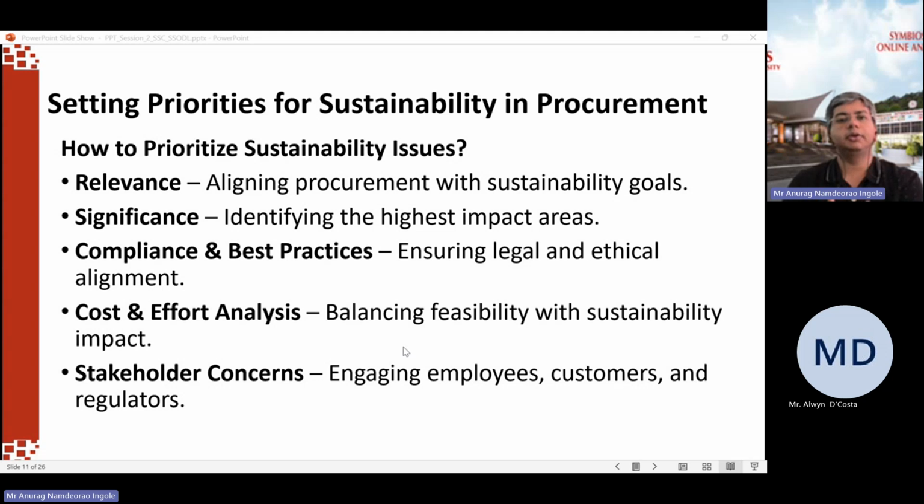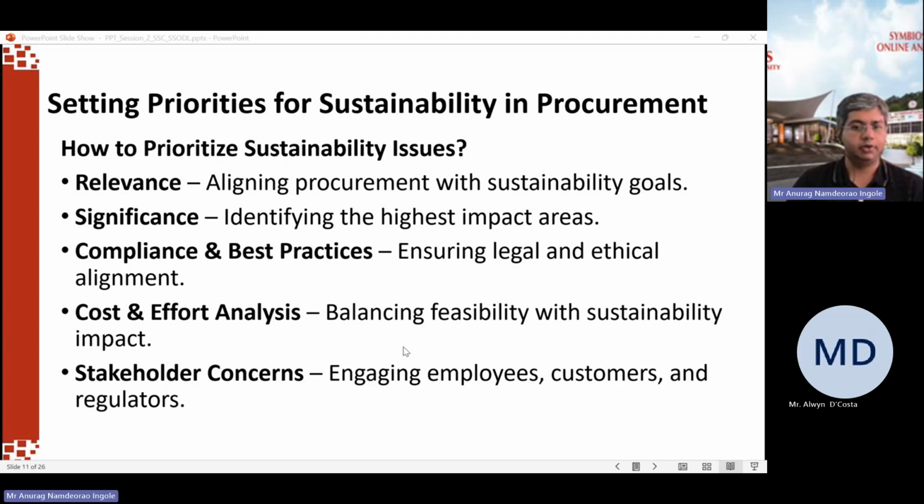If we identify certain sustainability issues which are related to legal and ethical alignment, maybe our suppliers are not following the legal framework, laws or regulations, those automatically become your priority because they are going to have a direct, negative impact on your operations, if the supplier's operations are shut because of legal issues.